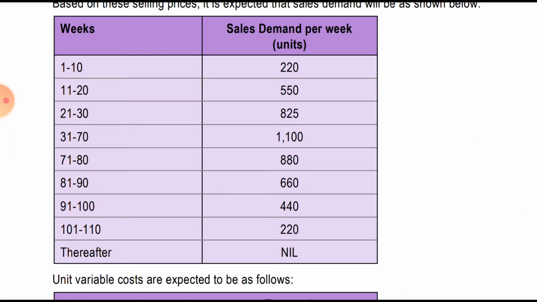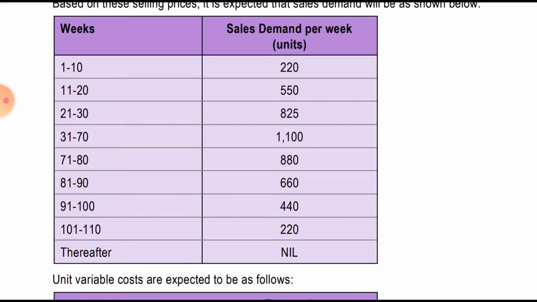So 220 into 10 weeks is 2200. Then you multiply 550 by 10 for weeks 11 to 20, and it amounts to 5500. And 825 into 10, because 21 to 30 is 10 weeks, so add up 5500 and 8250, and it amounts to 13,750.